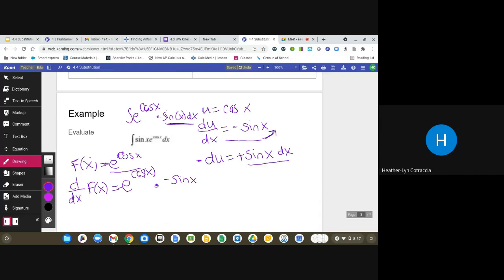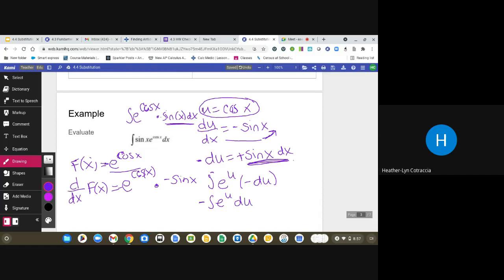Now why did I do that? Because then over here I have that sine x dx is really equal to a negative du. So now I'm going to have e. Now if you remember correctly, u was cosine of x, so e to the u, and sine x dx is negative du. Or better yet, negative e to the u du.